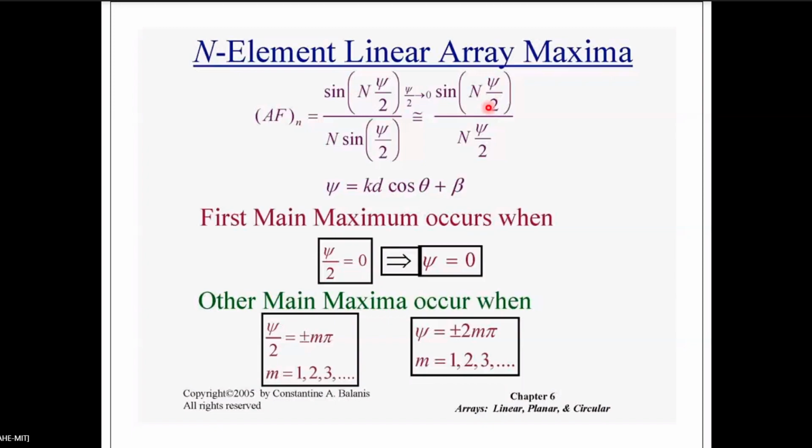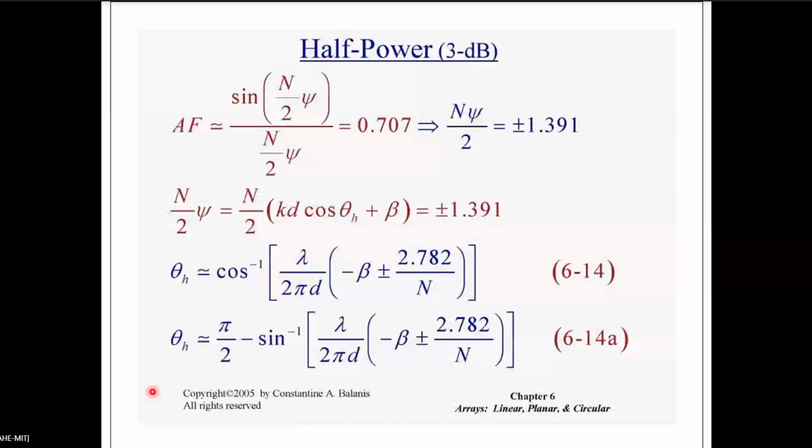Now the half power point. How do you find a half power point? We know that AFN has a maximum value of 1, because when you divide the array factor by its maximum value, the maximum value becomes 1. If you equate this normalized array factor to 0.707, you will get the half power point, the angle at which the power reduces to half.